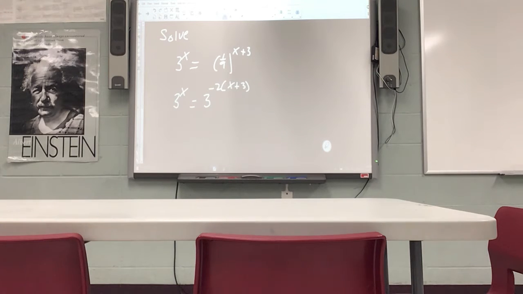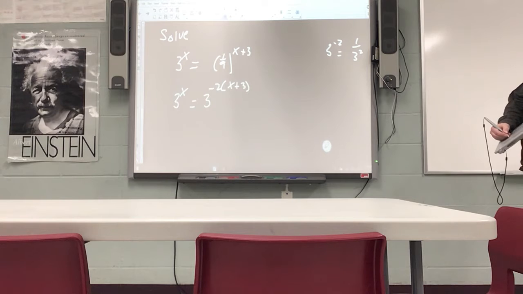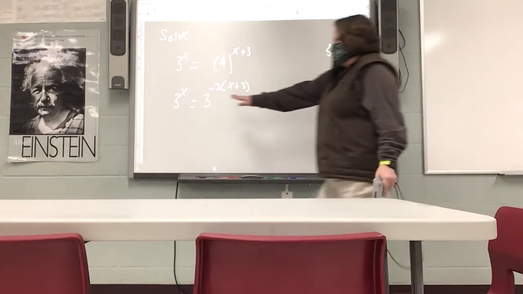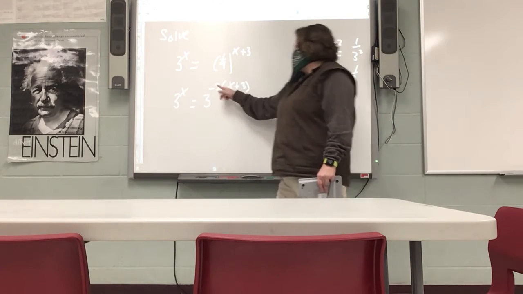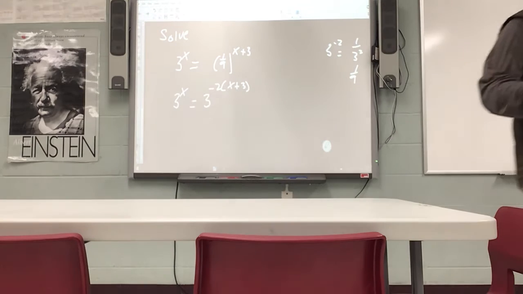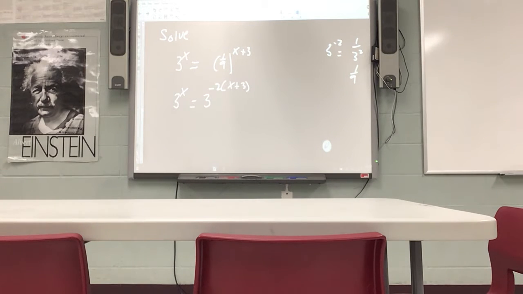Okay, y'all get that? Make a side note over here for you. 3 to the -2 is equal to 1/3 squared, which is 1/9, right? Okay, so now 3 equals 3, check, check. So just set your exponents equal to each other. So we would say x is equal to -2 times x plus 3. And what would you do to start simplifying and solving this? Distribute.